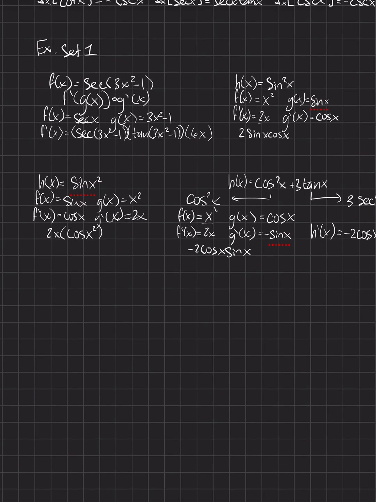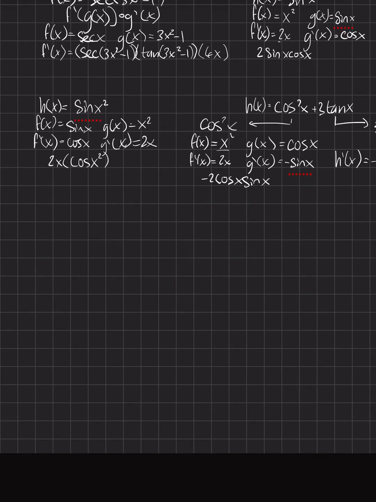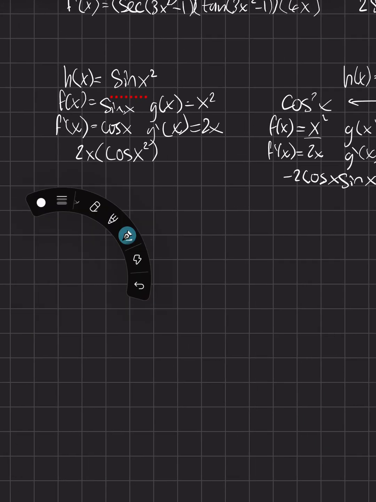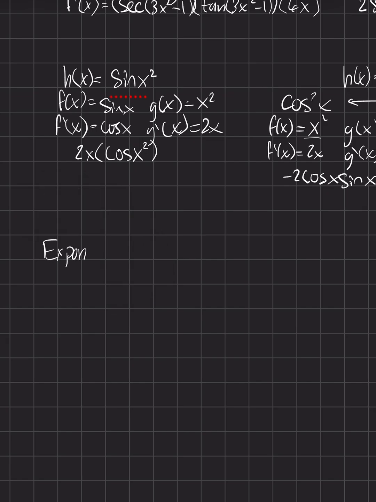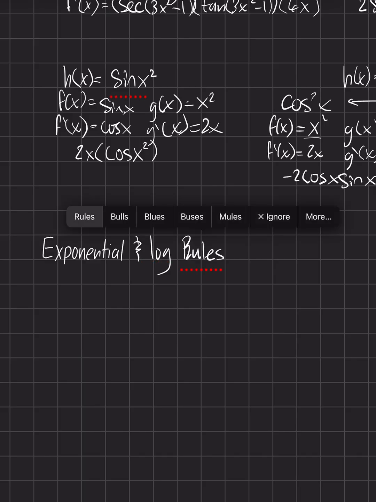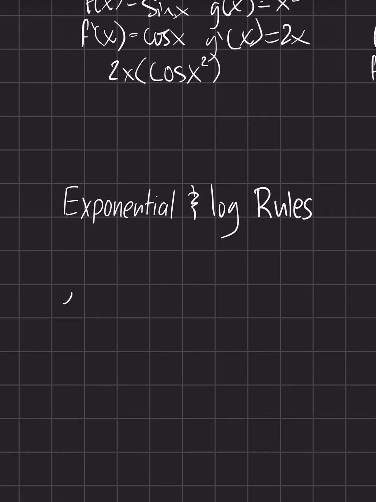So the next thing that we can go over now is exponential and logarithm rules. Let's write this here. Exponential and log rules. This is a good bit to write down. The first thing we can go over is that e to the x times e to the y is just equal to e to the x plus y.